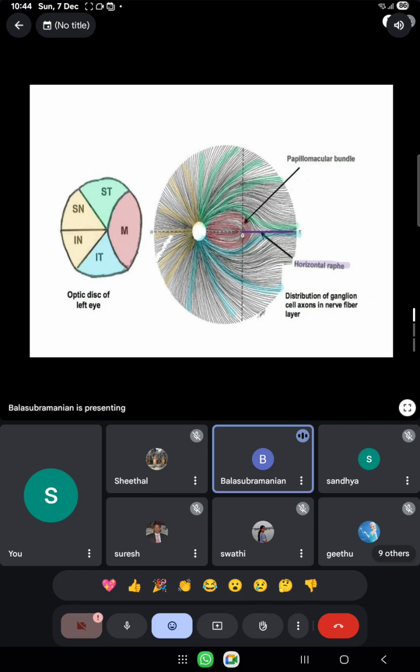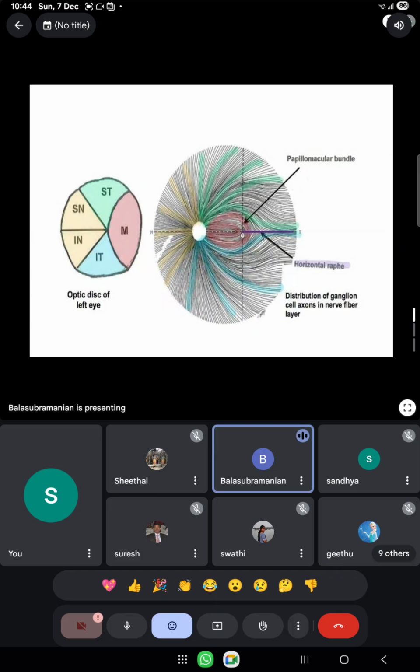That is why we use the term arcuate scotoma. We don't use the term superior and inferior; we say superior arcuate and inferior arcuate. The term arcuate is used because the temporal fibers make a larger arc to reach the optic disc compared to the nasal.